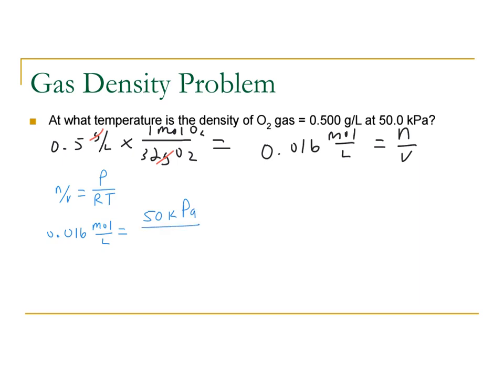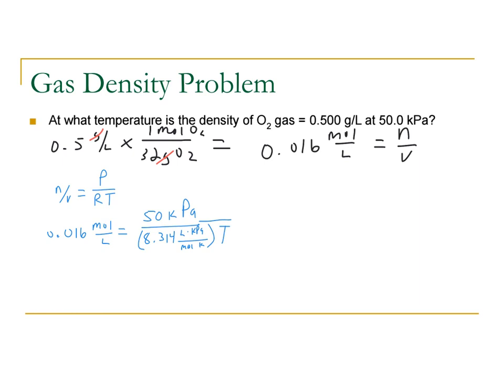The R value, I'm going to pick the R value that has kilopascals in for units. So 8.314 liter kilopascal per mole Kelvin. And the temperature is in the denominator, and that is what I am solving for.